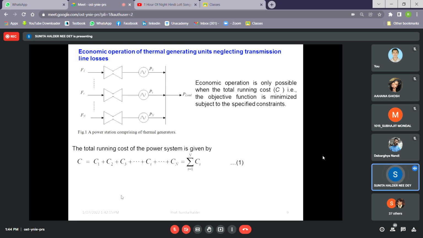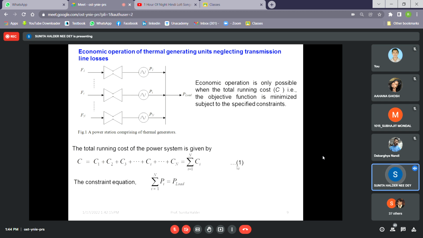So the total running cost of the plant will be the summation of all individual generator costs, and for economic operation, the total running cost should be minimum. So we have to minimize this C, equation 1.